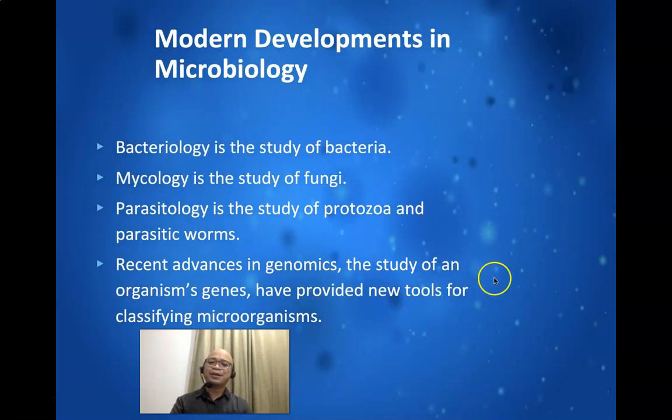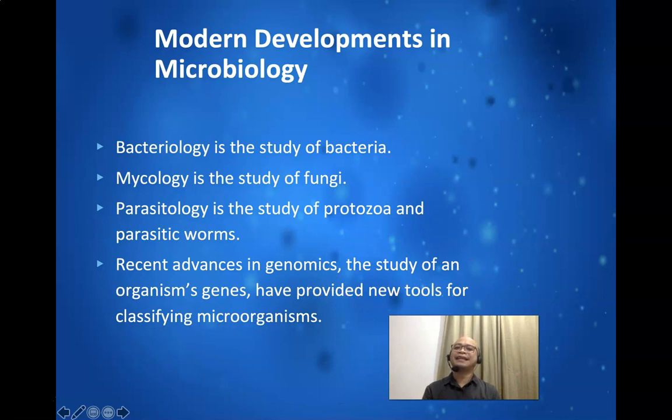Now, because of the modern development in microbiology, we have branched out into different fields of specialization, such as the course that we have right now, bacteriology, and then there's another course called mycology, or the study of fungi, and parasitology, or the study of protozoa and parasitic worms.